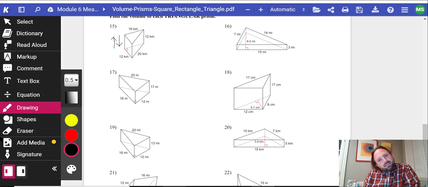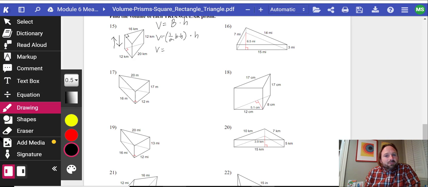So the area of this looks like it's going to be 16 times 12. So the volume is equal to the area of the base times the height. But the area of this base is 1/2, it looks like 16 meters. So it's base, little b, times height times how many times it repeats.